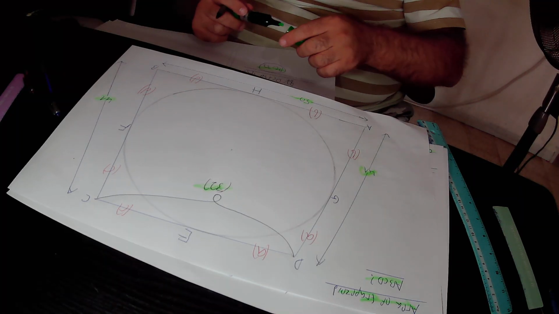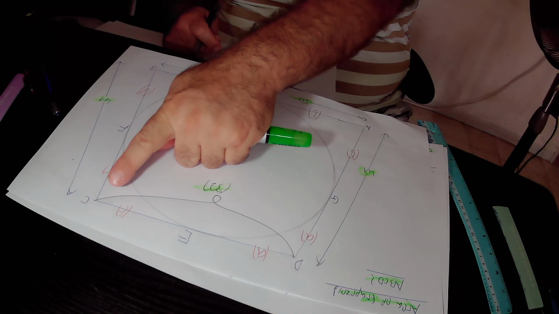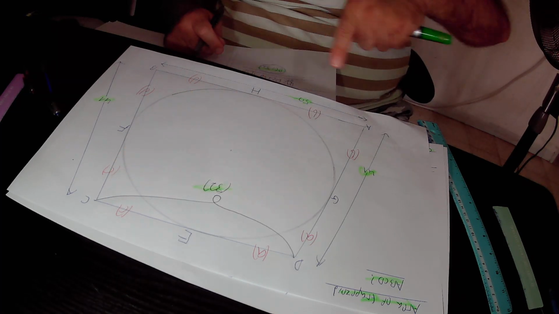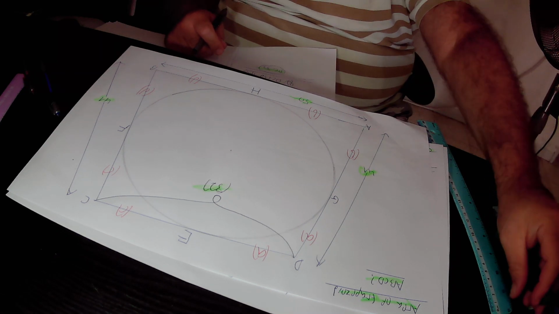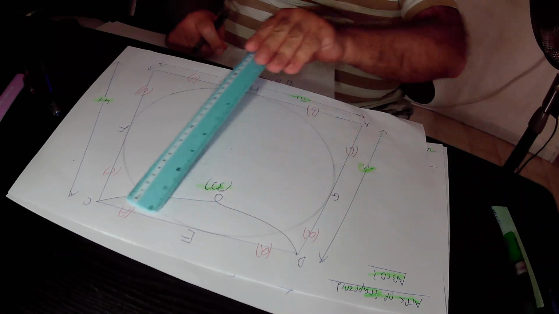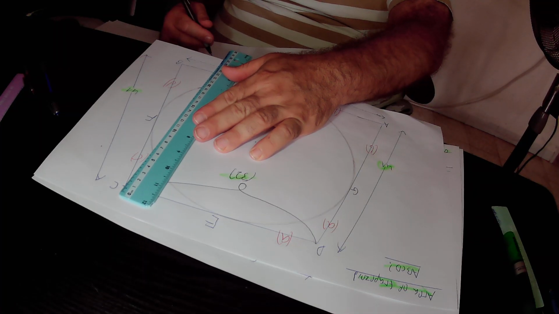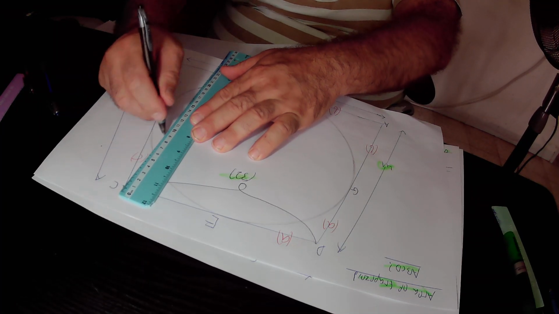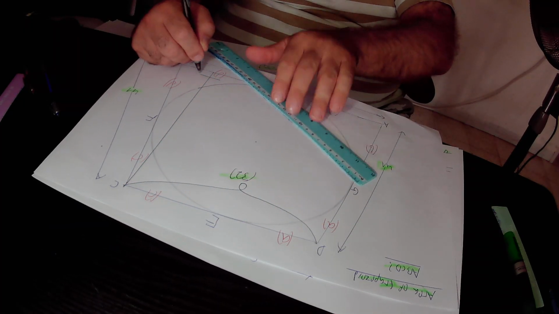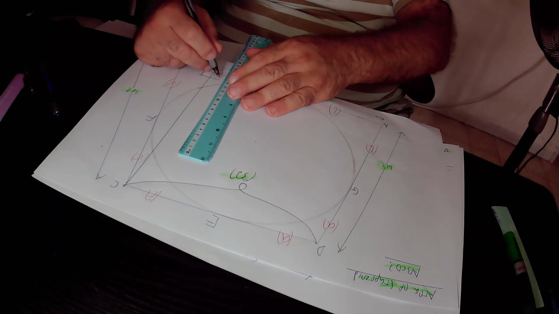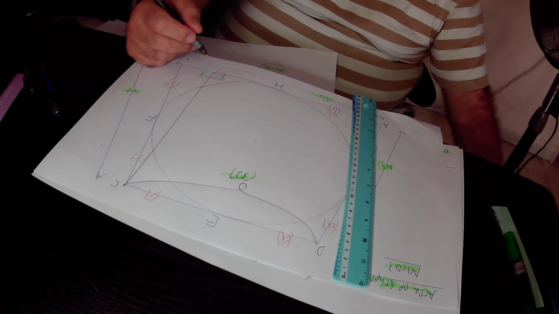In the next step, we will do a construction. From this point C, we will draw a perpendicular on AB. So this angle equals 90 degrees, and this angle also equals 90 degrees according to our construction.